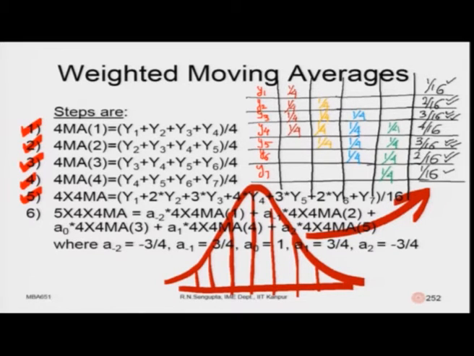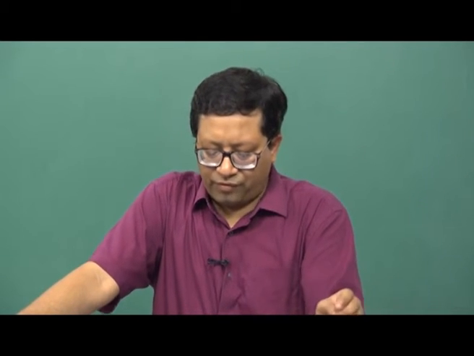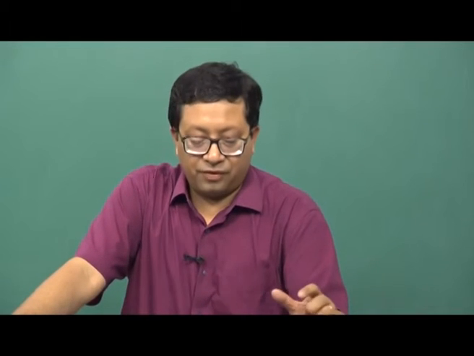Now, remember that this moving average concept, whether you are taking 4 month, 3 month, 5 month, 2 month, 7 month, whatever, can be changed accordingly depending on the level of accuracy you want. So, in the first case, 4 cross 4 was 4 month, you took it 4 times and then you did the average.